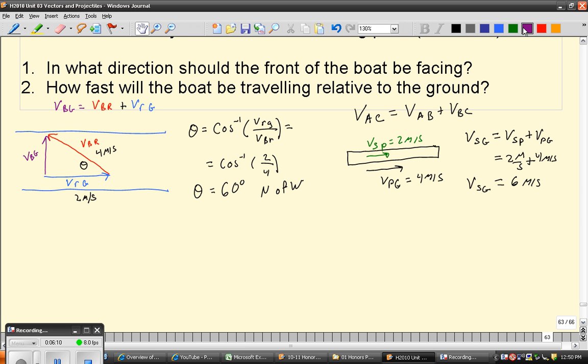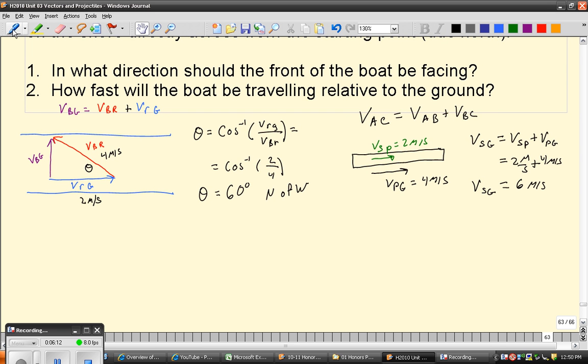So the velocity of the boat relative to the ground is going to be equal to 4 meters per second squared plus 2 meters per second squared. Take the square root, and that's going to give us a velocity that is equal to the square root of 20, which is 4.47.